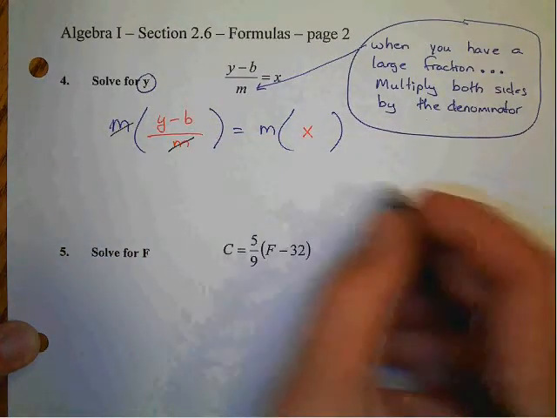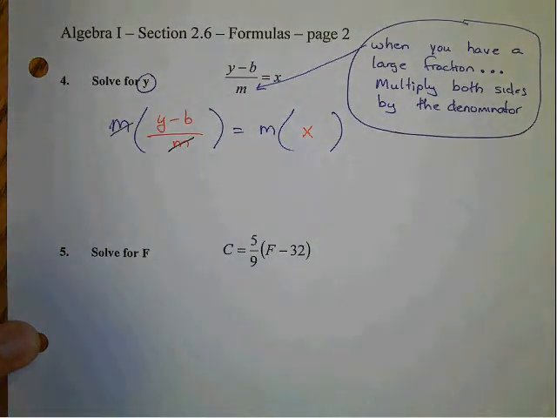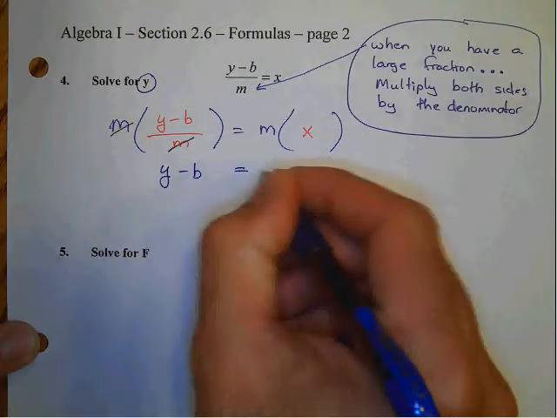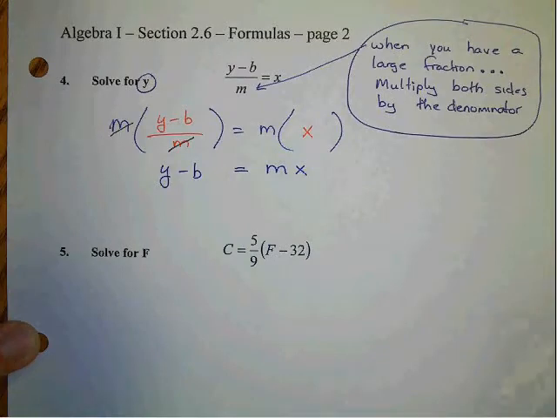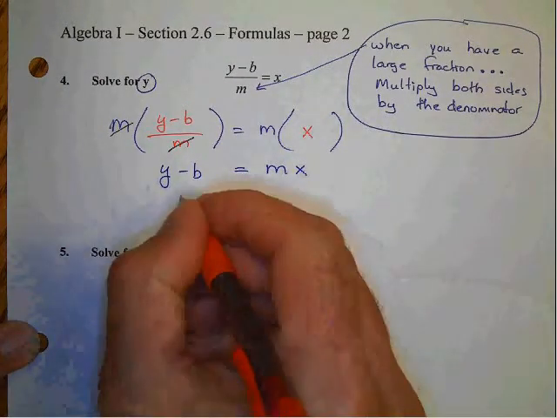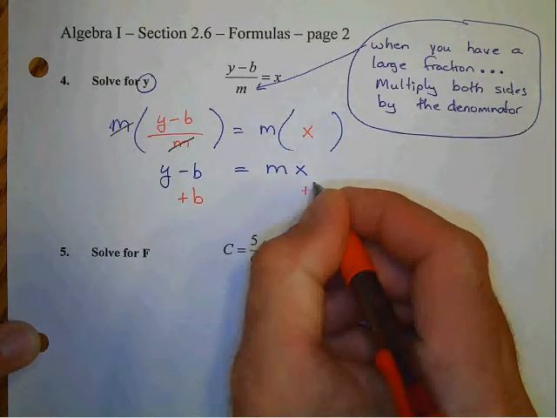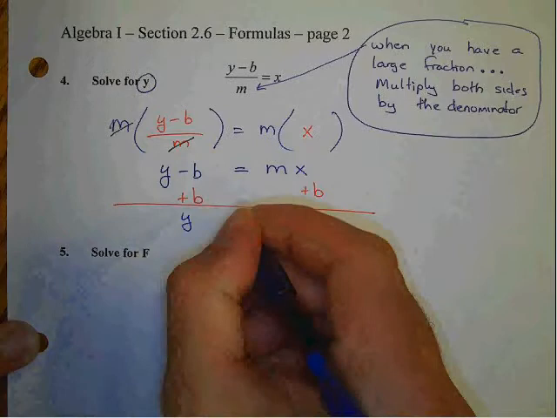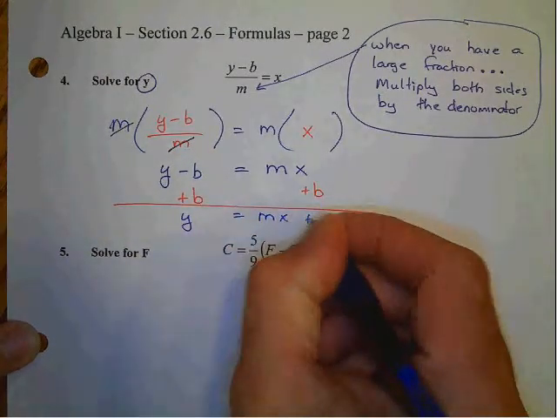So now on the left, I have left over y minus b, and on the right I have mx. Now I need to isolate that y. I'm going to do that by adding a b to both sides. This is going to give me a result of y equals mx plus b as an answer.